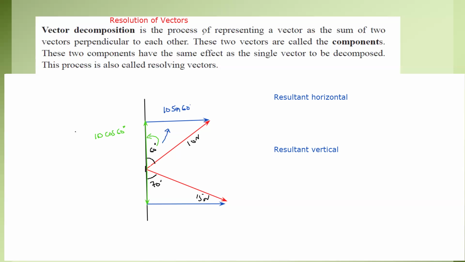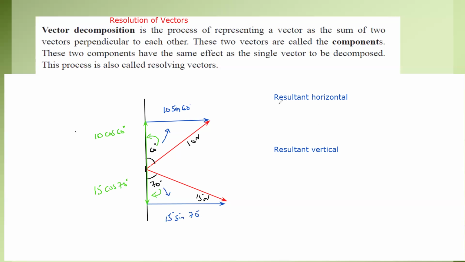Same way, what is the magnitude of this vector? This will be 15 cosine 70. And what about the magnitude of this vector? This will be 15 sine 70.